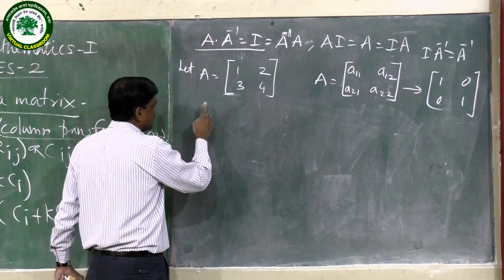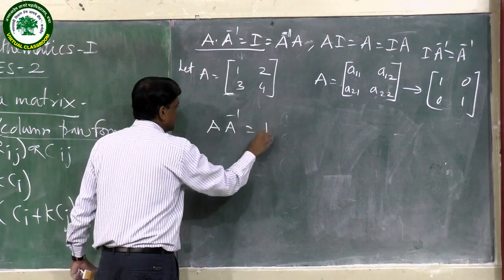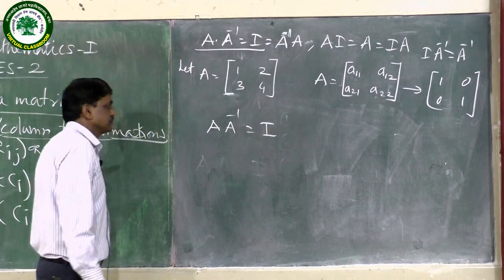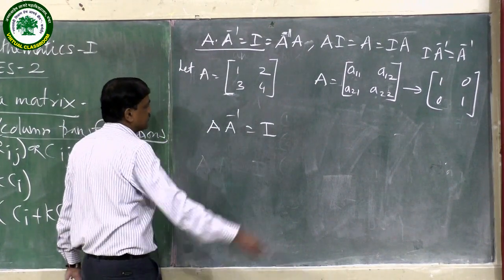Now write the matrix in the form A into A inverse is equal to I. Before that, what is determinant A here?